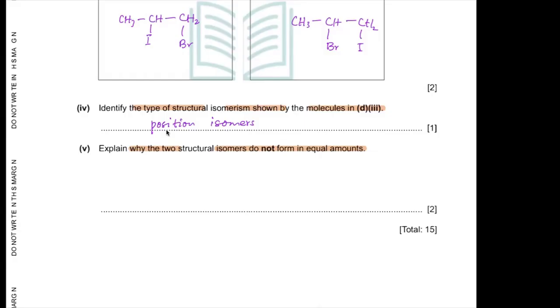So bromine is more electronegative. So the intermediate carbocations form.